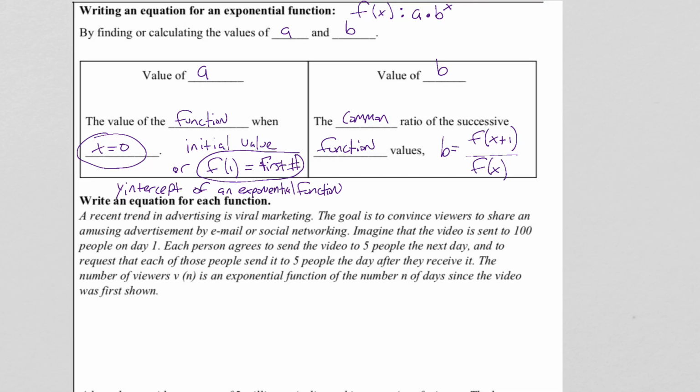And in your sequence examples, when we took f of 2 divided by f of 1, that gave us our common ratio also. So you'll see there's a lot of similarities in exponential functions and geometric sequences. So we're going to stop the guided notes there, and then we're going to move on to the homework packet.